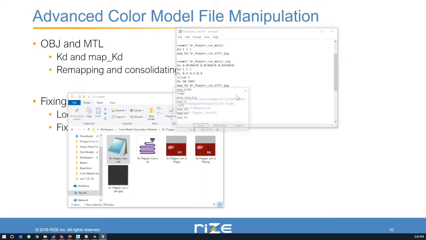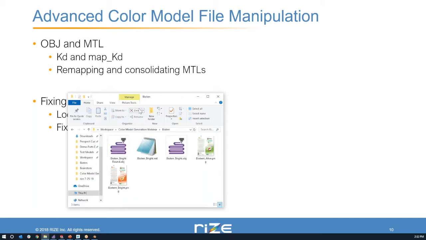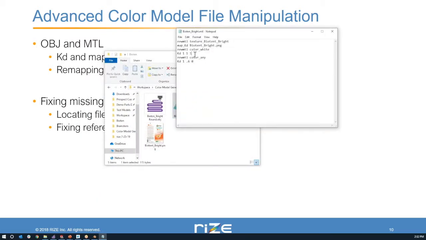So I'm not going to save that, but I am going to now hop over to this Bioten set. This material file only has 3 different materials. This part here is the cap, which for this part is orange.